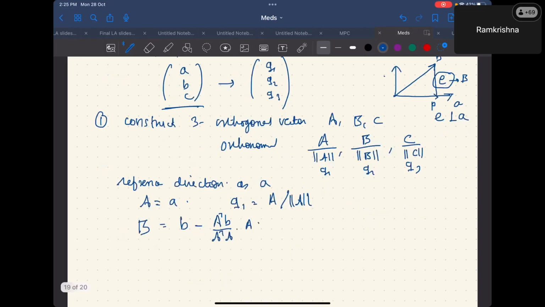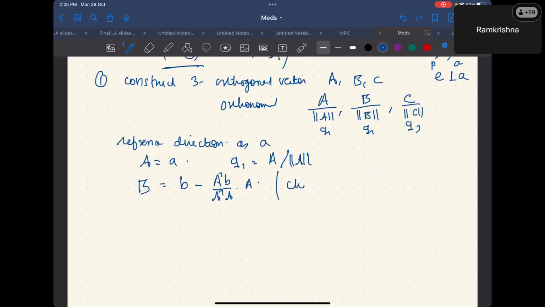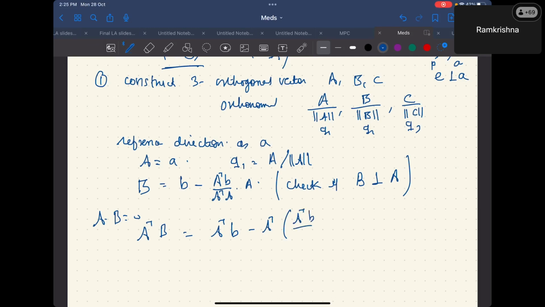So now what do we need to check? Check if B is actually perpendicular to A. Then the dot product of A and B should be 0, which means A transpose B, which is A transpose B minus A transpose A times (A transpose B over A transpose A), will again be A transpose B minus A transpose B, which is equal to 0.